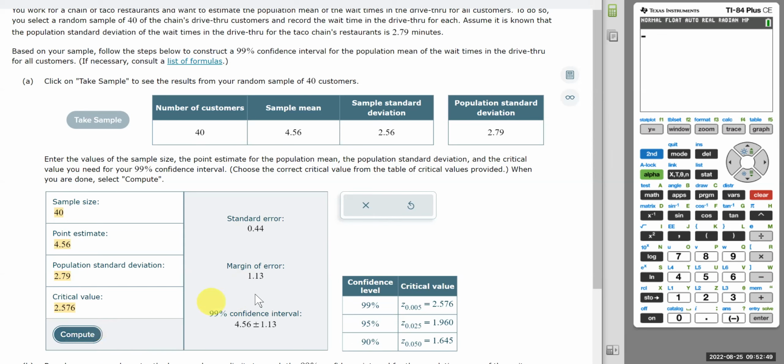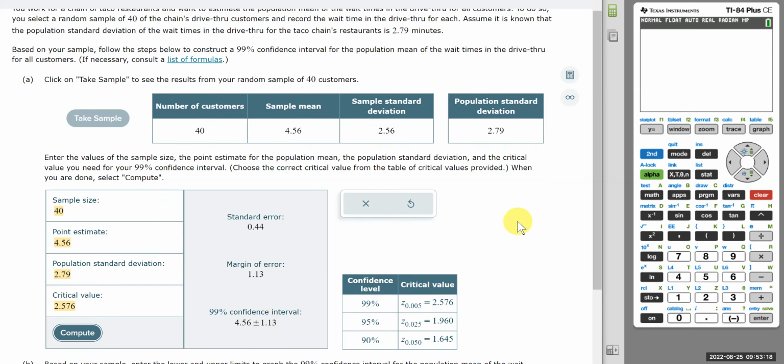All right. So the standard error of the mean, the margin of error of the confidence interval, and then the actual interval itself. So there's the point estimate, 4.56. And then the margin of error would be sort of our wiggle room here, plus or minus. And that margin of error was calculated as 1.13.